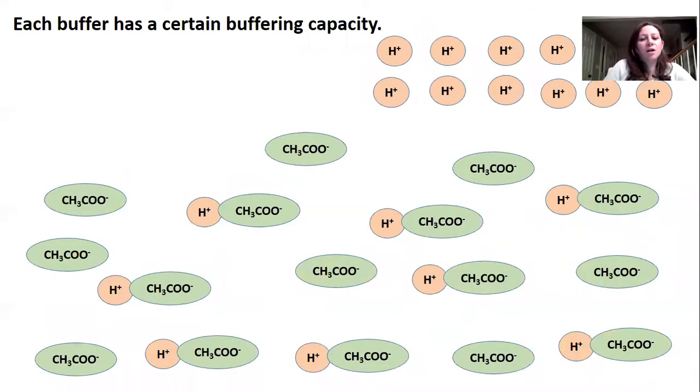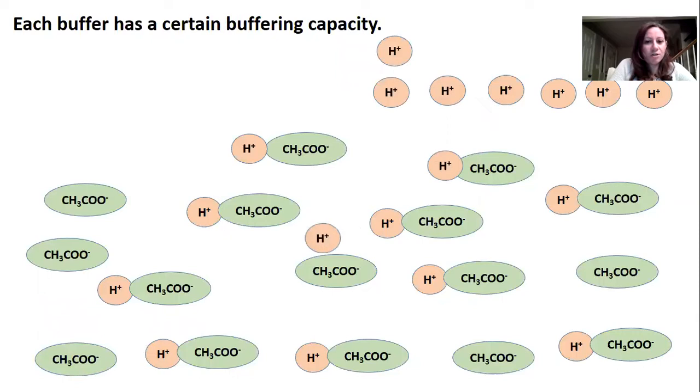Now each buffer has a buffering capacity. That's what we were just talking about. So back to my acetic acid and acetate ions. This is a buffer. Here's the acidic portion. Here's the basic portion. And let's say I add a whole bunch of extra H pluses. So if I do that, it starts reacting with the acetate.